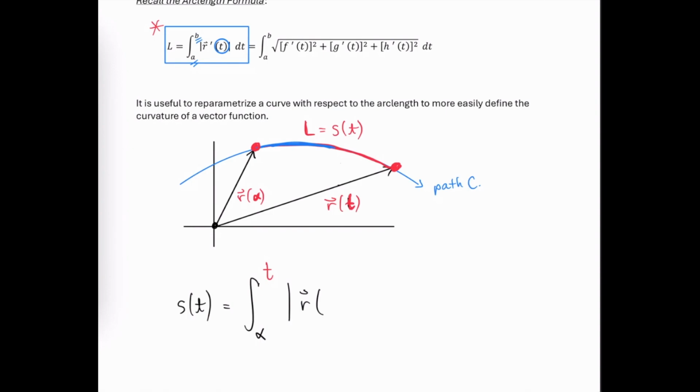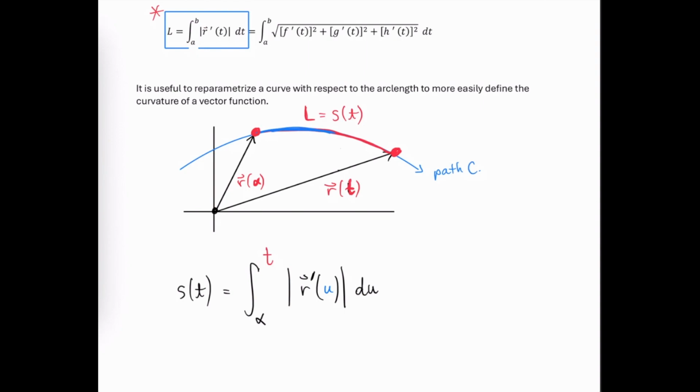If we're going to let t be the variable that is one of the limits of integration, we need to change this variable to something different. So we're just arbitrarily going to call that u and then close mag bars, and then we are integrating with respect to u. And actually this is r prime u inside here. So when we calculate this antiderivative, and whatever we end up with here, we're going to be plugging in the limits of integration.